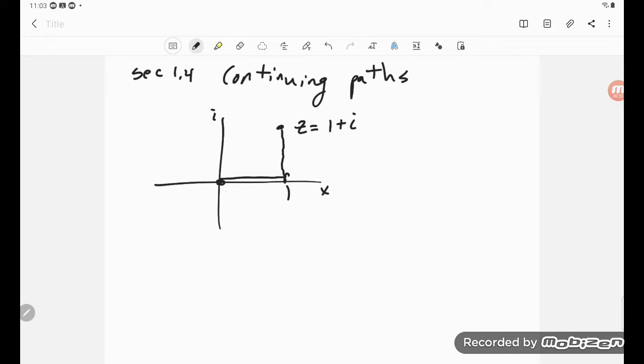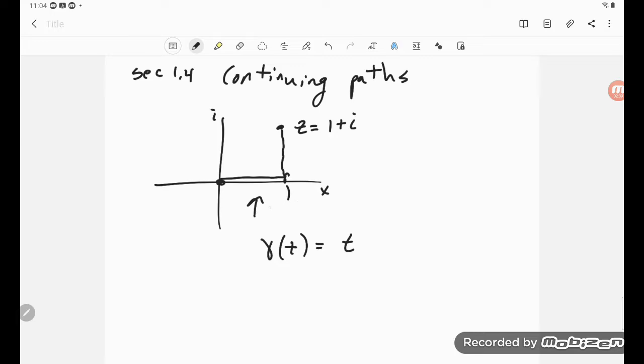And so if I were to describe this first part, I could just have gamma of t equal, well, the x goes from 0 to 1, so I can just say, use t, for instance, and then plus 0i, right, because it's on the real line.